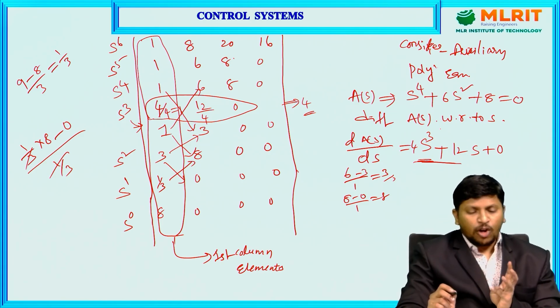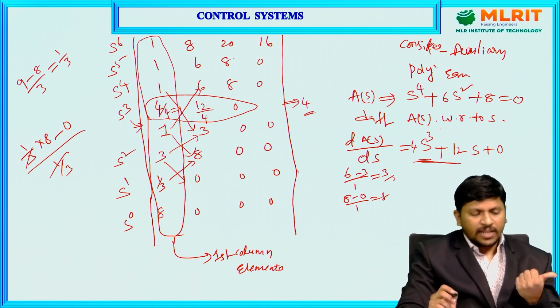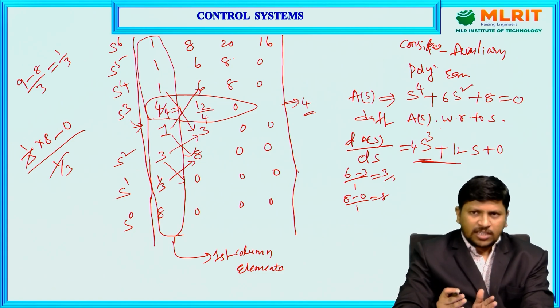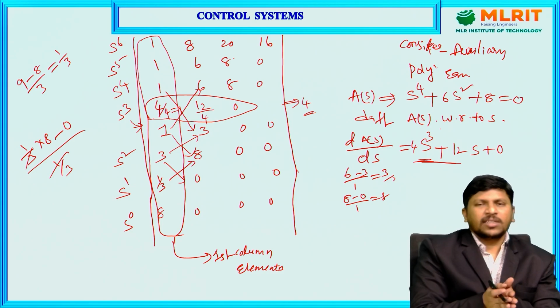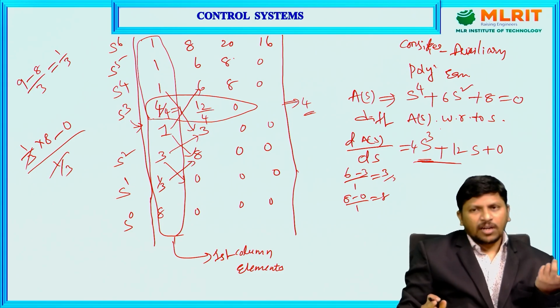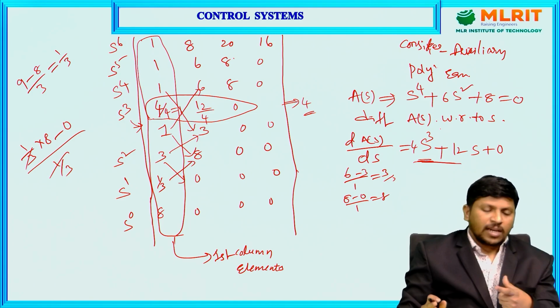Its roots are also roots of the original characteristic equation. So they may lie on the right half, left half, or the imaginary axis. Now we are going to see.